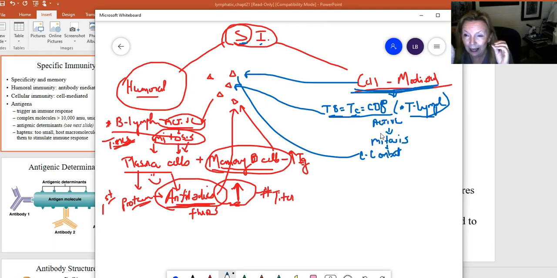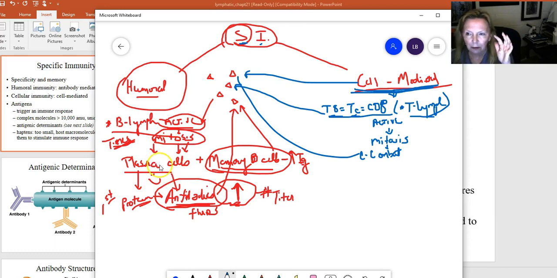I'm going to give you an analogy, and it very much is the truth about this. If you think about your specific immunity as maybe being the military, which protects countries, right? If you think about it, the B lymphocytes are kind of like the Air Force. The B lymphocytes are the Air Force, and then they make these bomber planes, plasma cells.